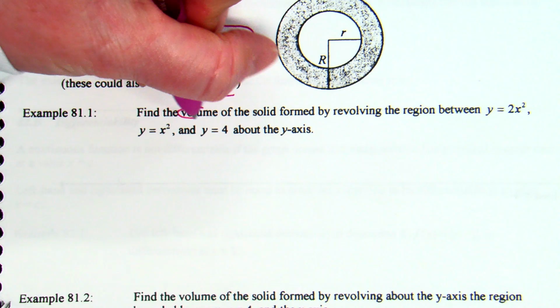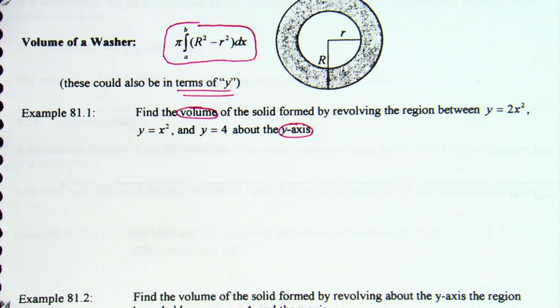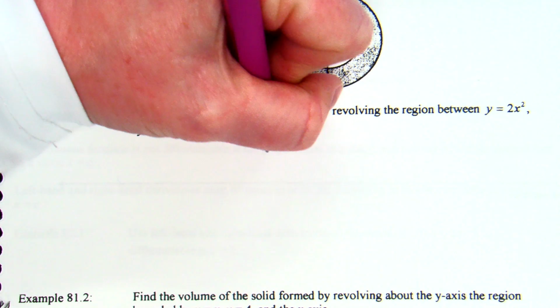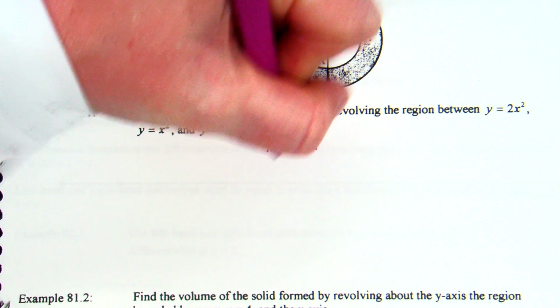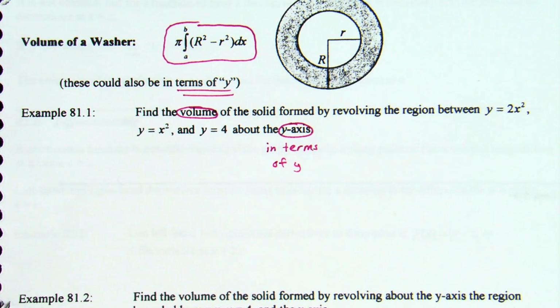Okay. So, we're finding volume. Notice it did say about the y-axis. So if this is about the y-axis, we're going to need to be in terms of y. And so we'll get that set up here in a moment.